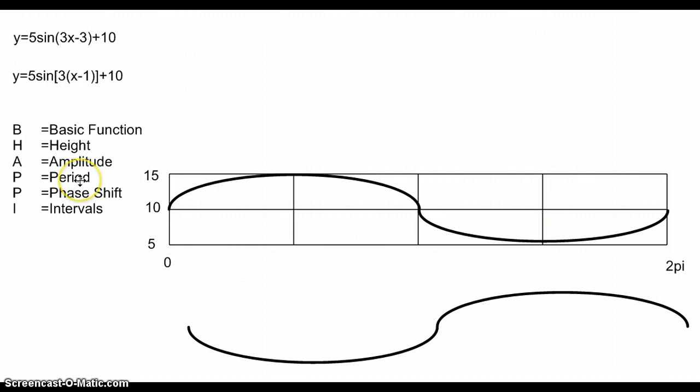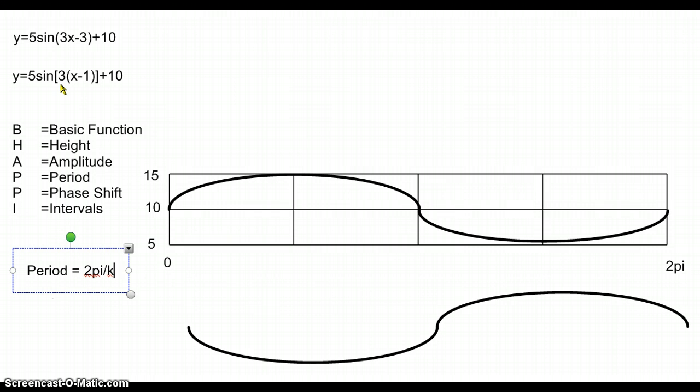Then we look at the period. We know that the period is 2 pi divided by the letter K. And K is the letter that represents the horizontal compression or stretch factor, which is located in here.